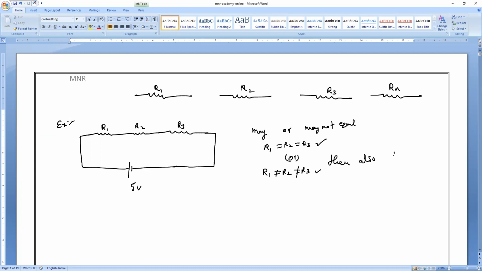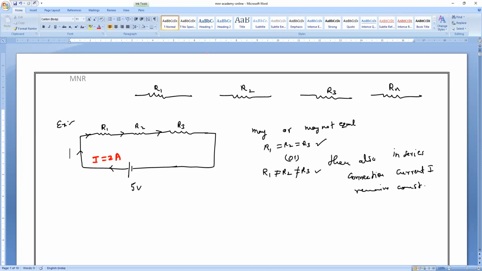Then also we all know that in series connection something always remains constant. What is that? Current remains constant. Is it right, guys? So for example, the total current passing in this circuit, let me take I equals 2 ampere.